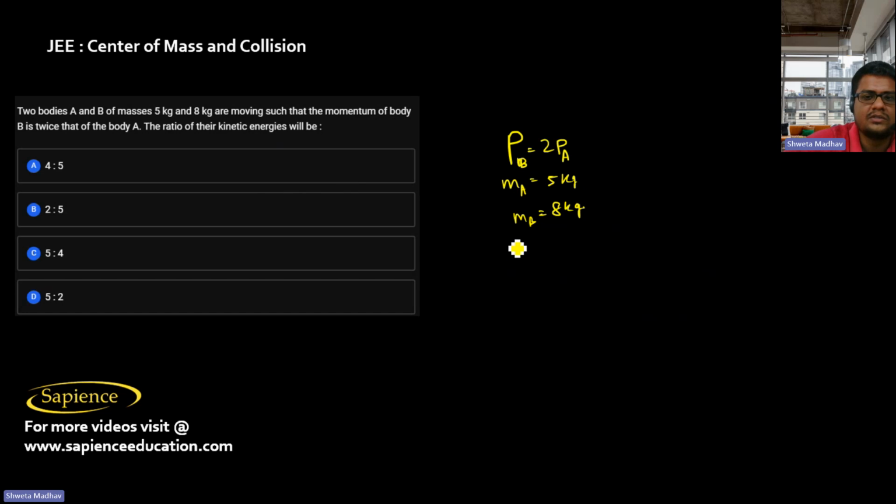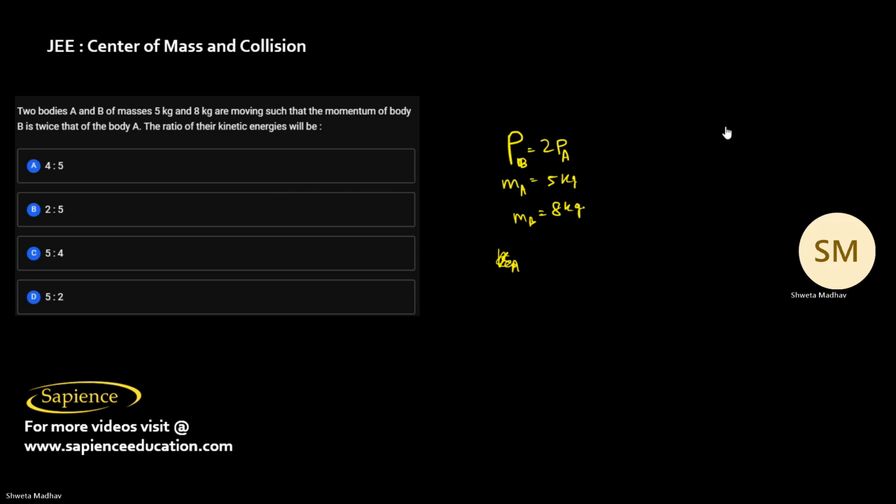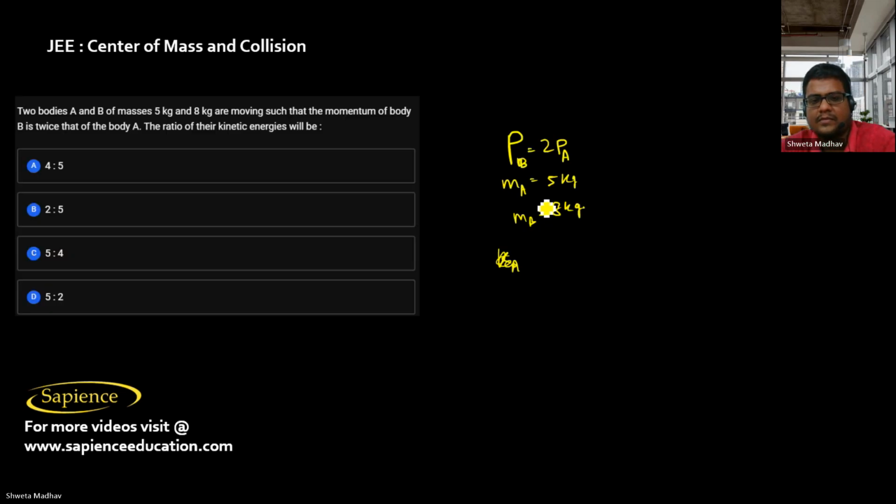And the ratio of their kinetic energies will be. So you have to find the ratio of the kinetic energies, means KEA is to KEB. That we have to find out.